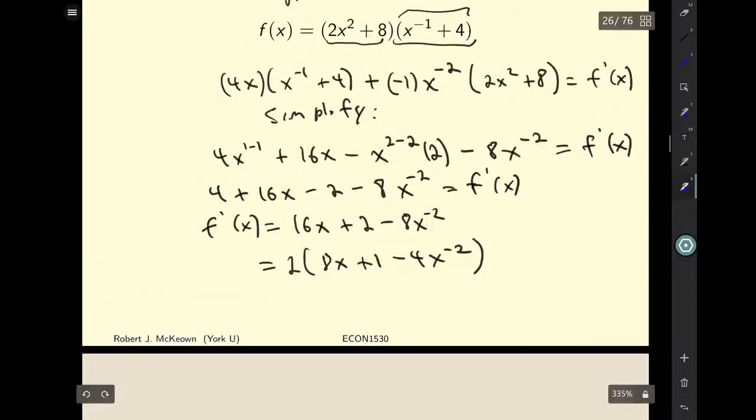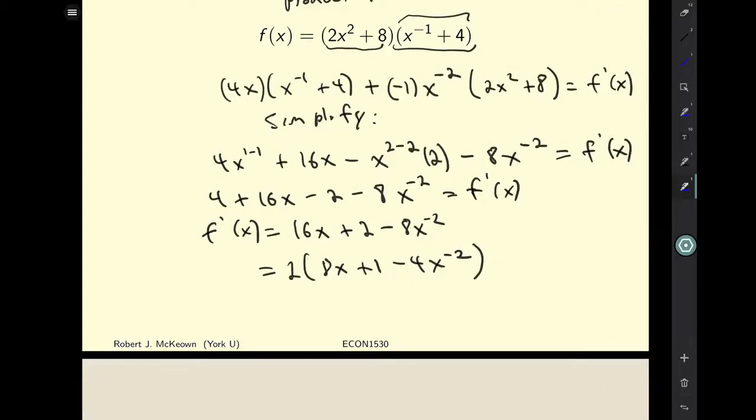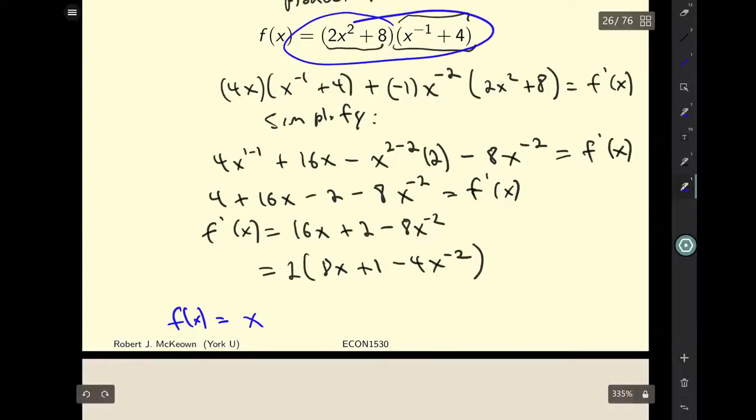Now I could double check my work here if I wanted to. I could write f of x is equal to, well, if I multiply out this thing up here, open up the brackets, I get 2x plus 8x squared plus 8x to the negative 1 plus 32.